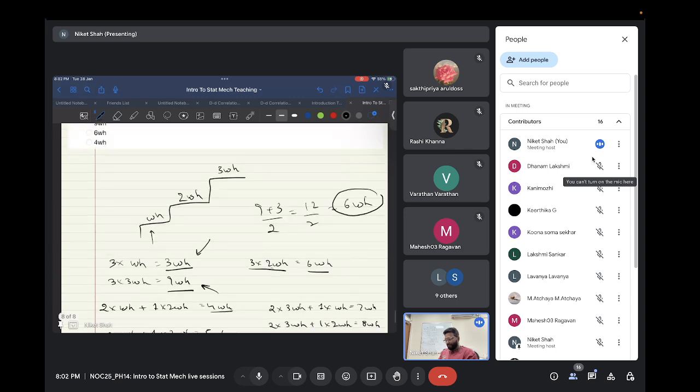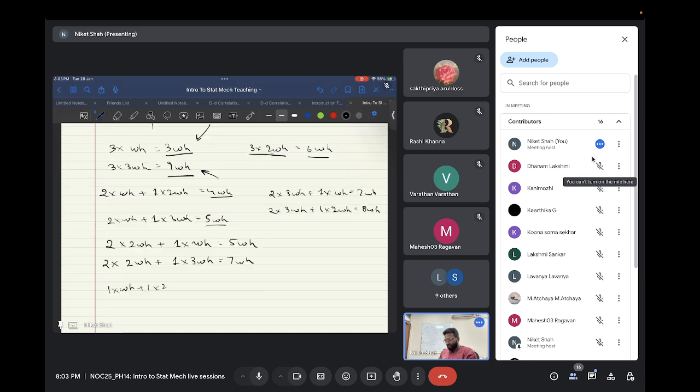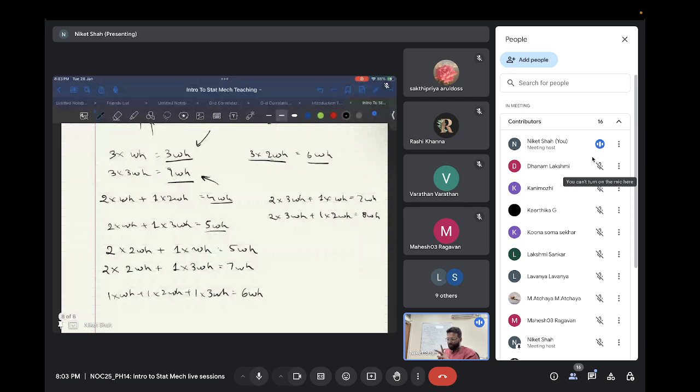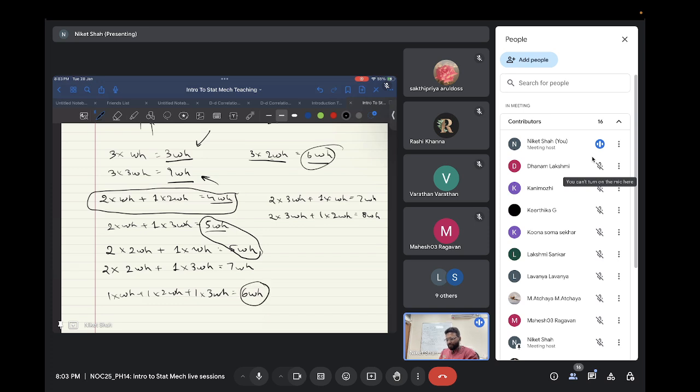Now I'll have 1 on each step. 1 in this step plus 1 in this step plus 1 in this step. That gives me 6WH. So it starts from 3WH, which has just one possibility. 4WH also has one possibility. 5WH has two. When we go close to 6WH, the number of possibilities increases. 5WH has two, 6WH also has two, 7WH also has two.